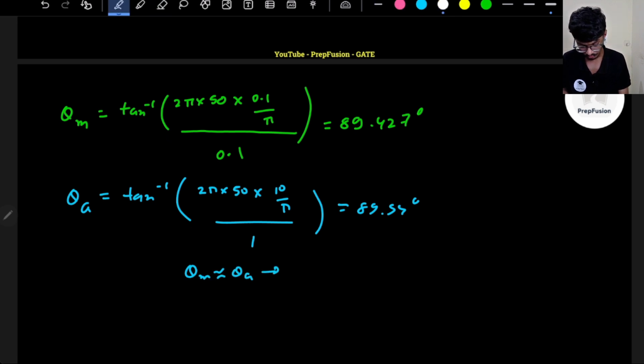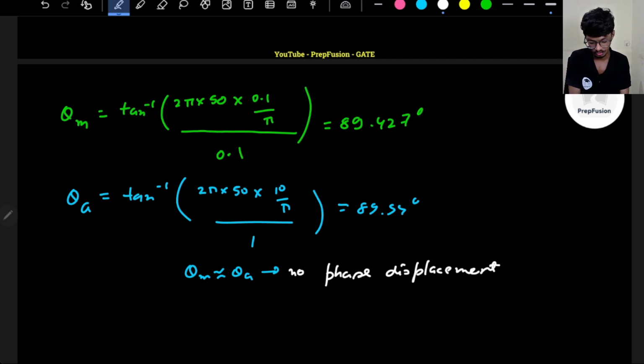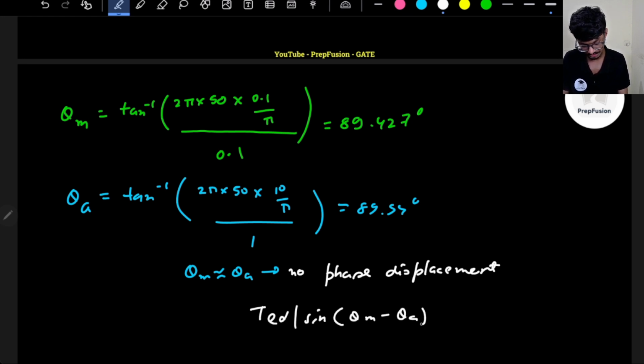So there is no phase displacement. If there is no phase displacement, then how can torque be generated? Because torque was proportional to sine of the modulus of theta m minus theta a.